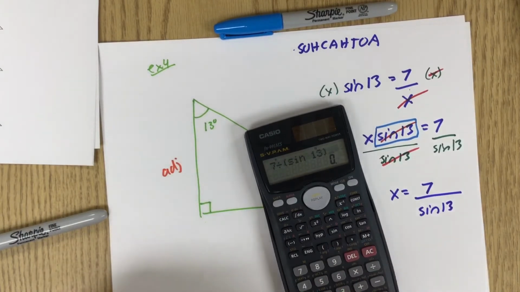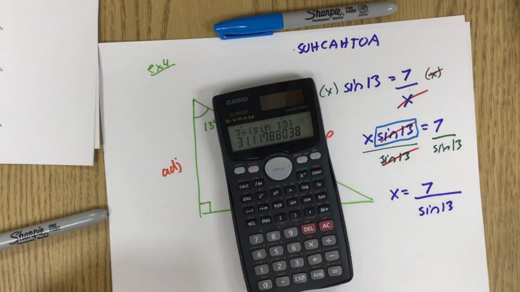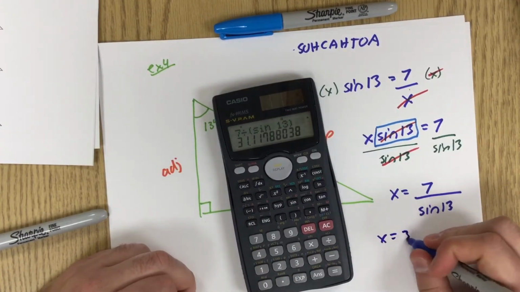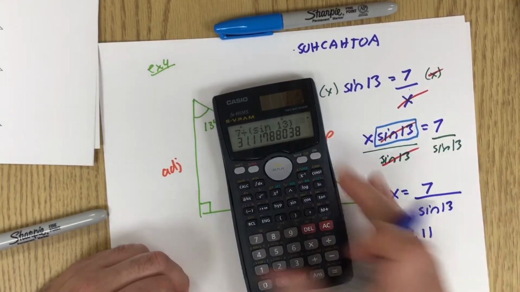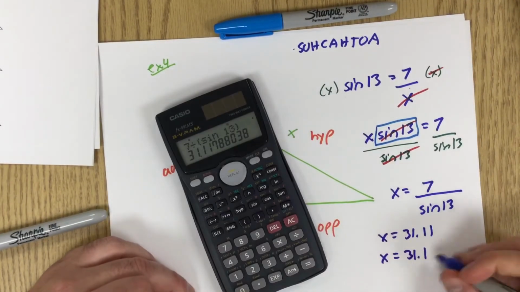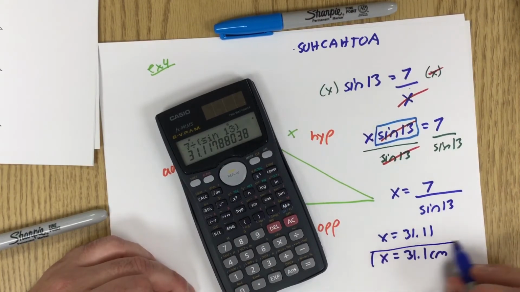And remember, calculators could all be different, so you may have trouble doing this. But it turns out to be 31.11, which we round to 31.1, and the units are centimeters.